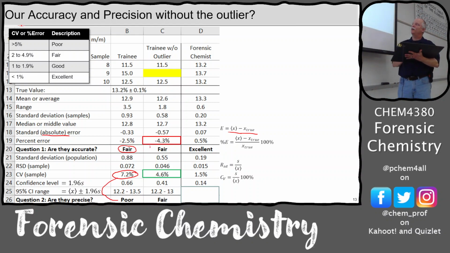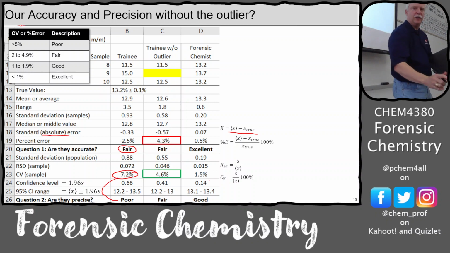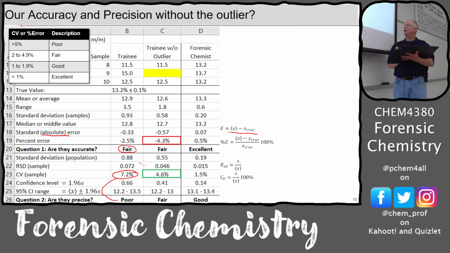And here we have our standard deviation, which gives us this coefficient of variation of 1.5%. Our confidence interval was 0.14. That's going to contain our true value, and our precision is good. So we're not within 1%, but we are inside of 2%, so I would call that good precision versus fair.